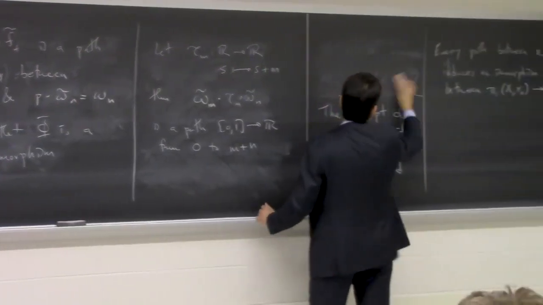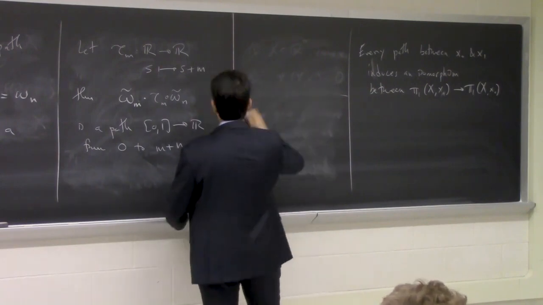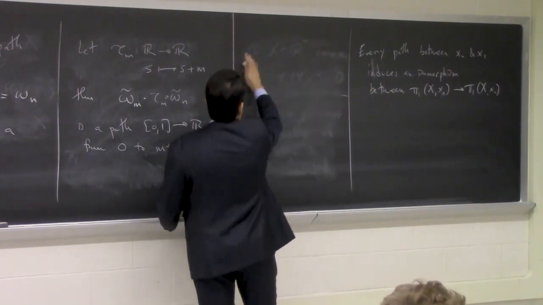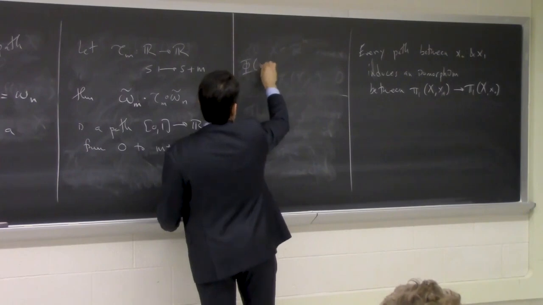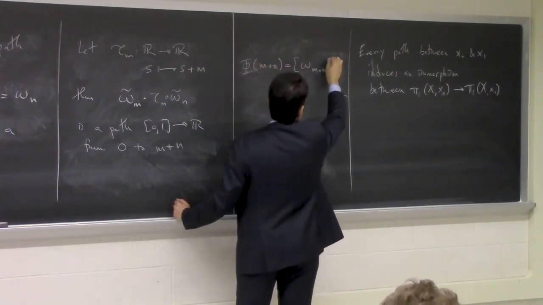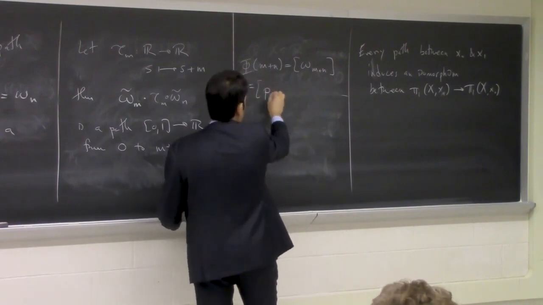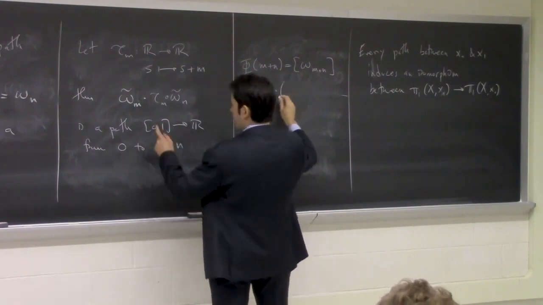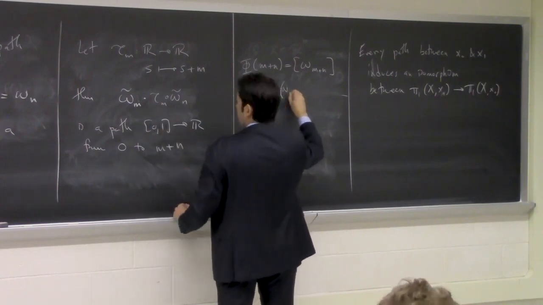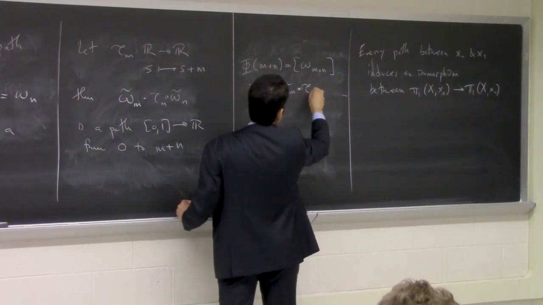So by what we just showed, let's say phi of m plus n, which is the homotopy class of omega m plus n, is equal to the homotopy class of p composed with this path, because it goes from 0 to m plus n.